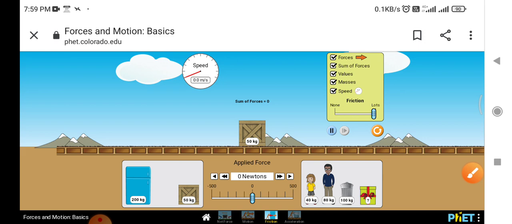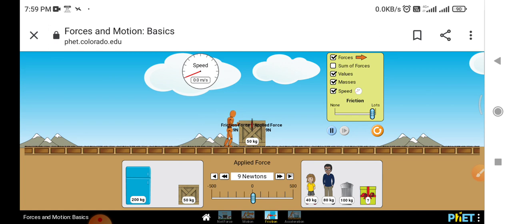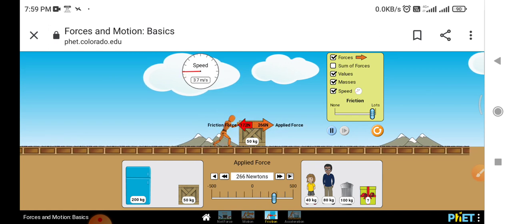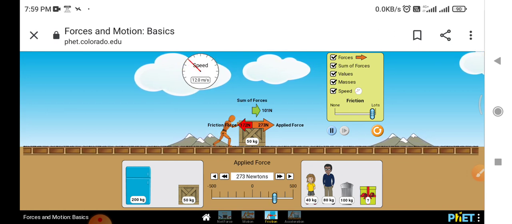If there is a lot of friction, we will select here. See this button, here I selected a lot of friction. Okay, we will start. The friction is a lot, which means we need to apply more force.